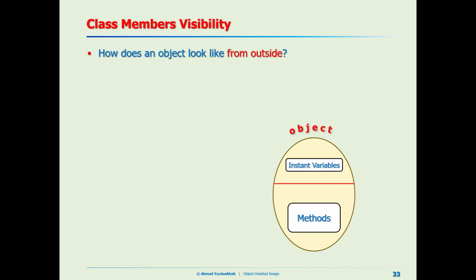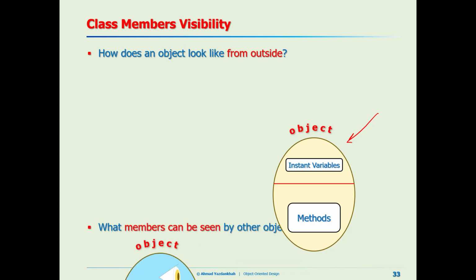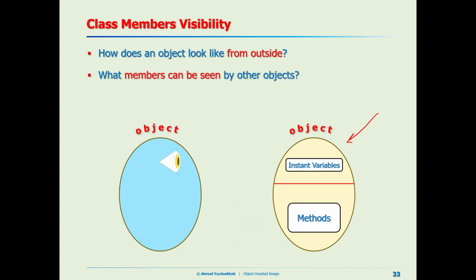Which members can be seen from outside of an object. What does it mean? Let's say we have an object here, and we have another object here, and this object is looking at the first object.